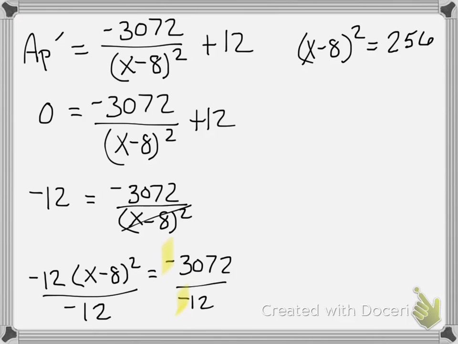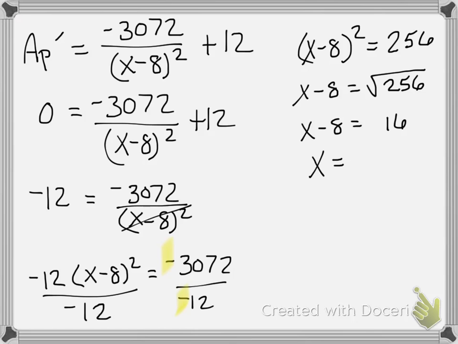So x minus 8 is equal to the square root of 256, and that is equal to 16. So now add 8 to both sides to get x by itself. So x is going to be equal to 24. And as you notice, the 24 is positive, and so that tells us that we have a minimum.